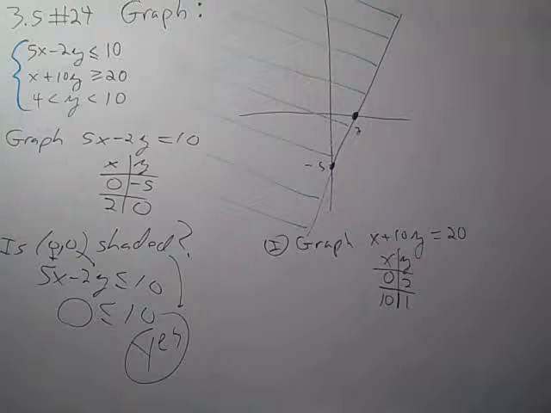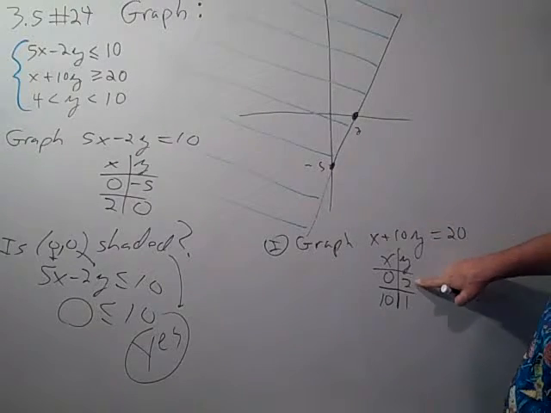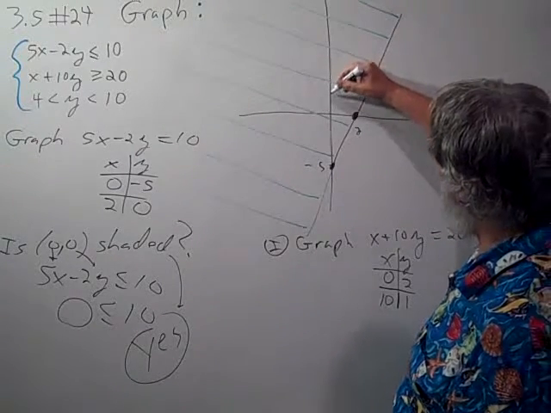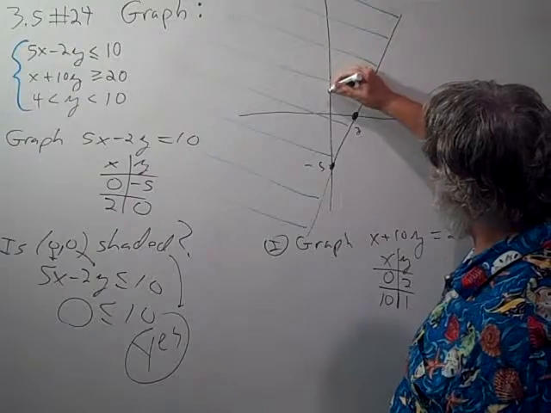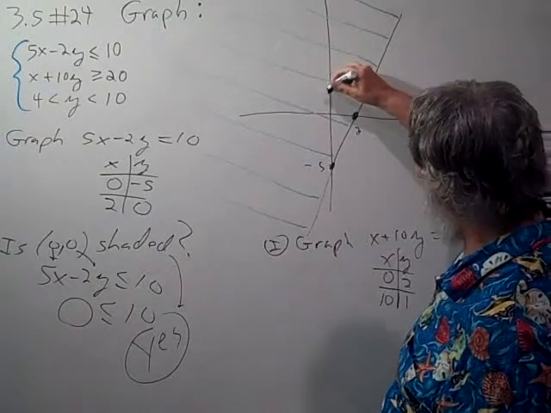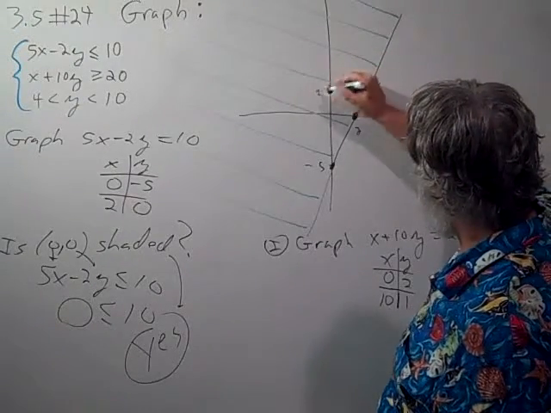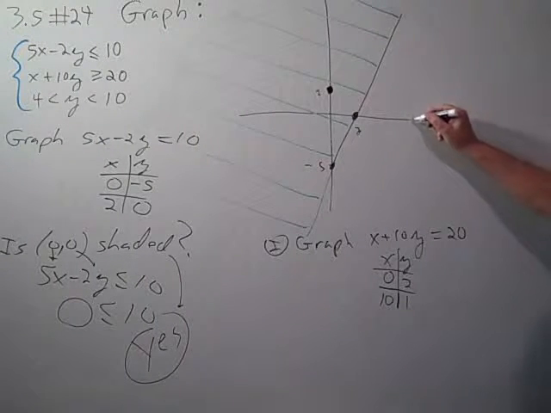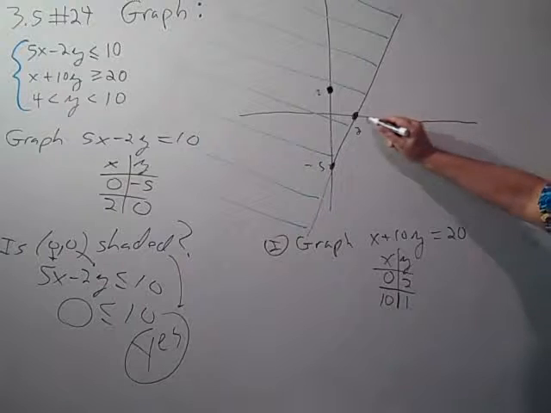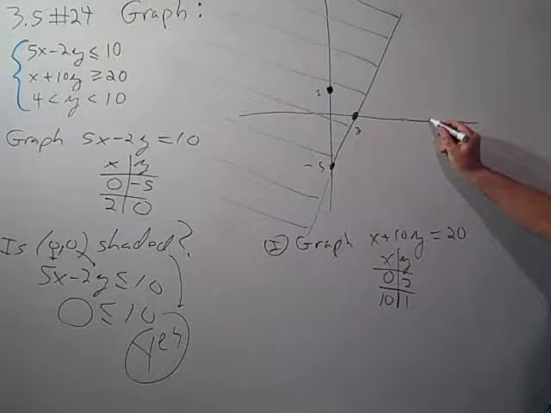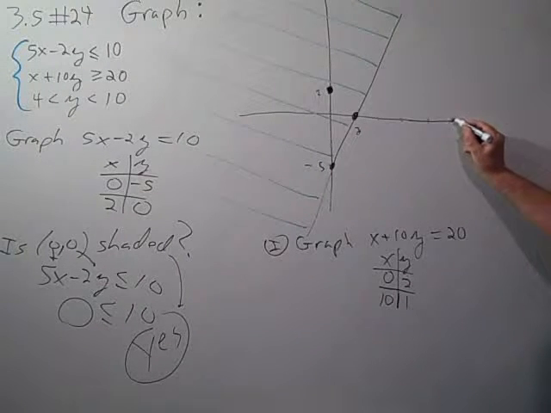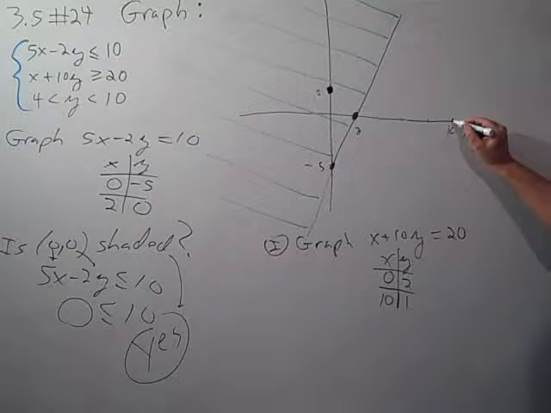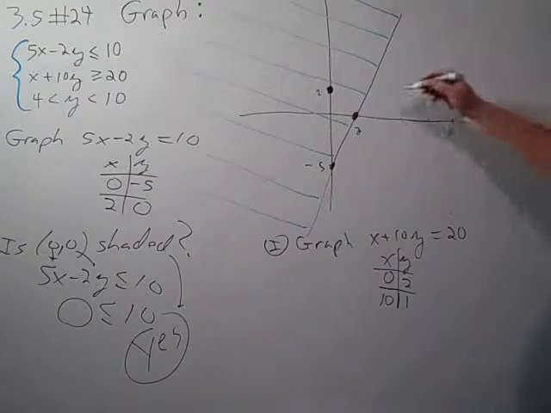So 0 comma 2, notice, is the y-intercept, up at a height of 2, so let's say this is 2. Y-intercept of 2 here. And 10 comma 1 means if I go over 10, go all the way to 10, so that's 2, 4, 6, 8. This is about 10. And if I go over 10, I have to go up 1.